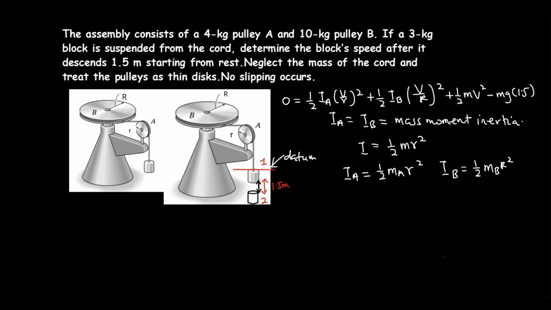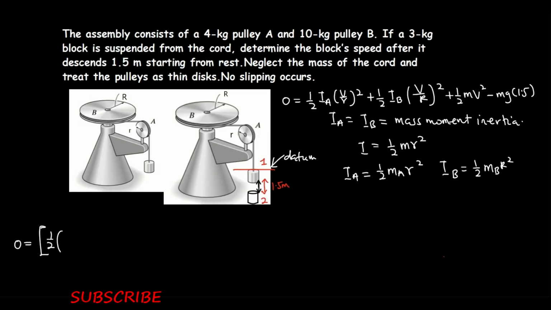So you are going to have 0 equals, let me bring a square bracket. And I'm going to have 1 over 2, and then multiplying IA, right?